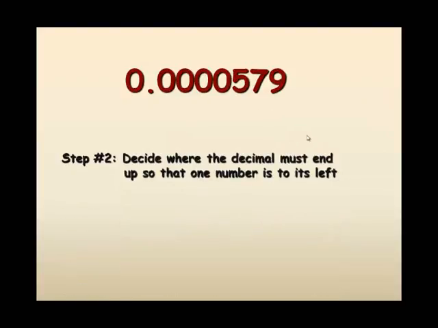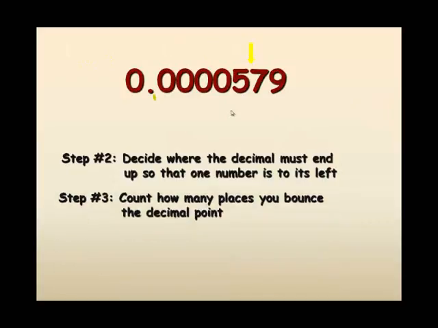Okay, so here we have 1.000579. Here we're going to have to go the opposite way. We want to decide where the decimal point will go. So we're going to move it from the left to right, and we're going to count again. 1, 2, 3, 4.